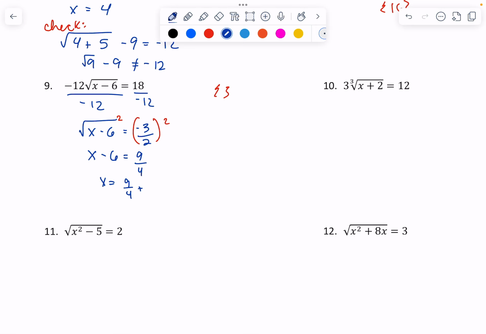Now, when I add 6 to the right, I'm going to have 6 over 1, which I'll convert to 24/4 so that I can combine the two fractions, and that's going to give me 33/4. But when we check, -12 times 33/4 minus 6, which I'll convert to 24/4, does not end up equaling -18.